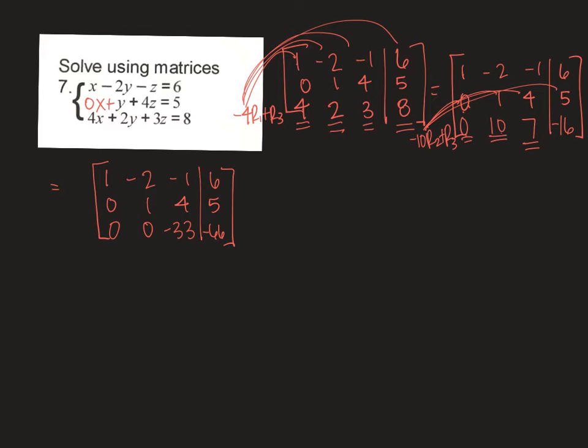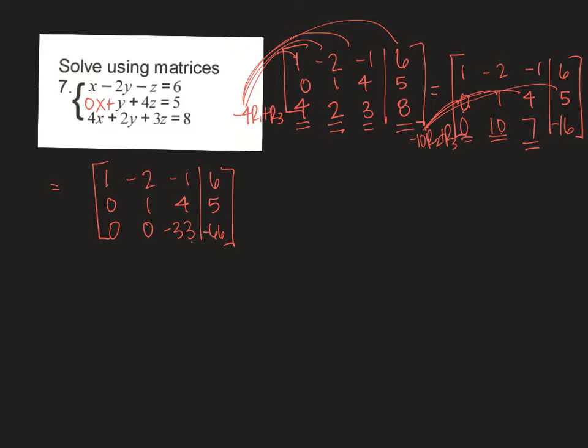So I've got a 1 on the first row, first entry, a 1 in the second row, second entry, and then a negative 33 in the third row, third entry, but I'd still have those zeros all to the left of it, which is what I want. So remember, I want zeros to the left, ones down that diagonal.